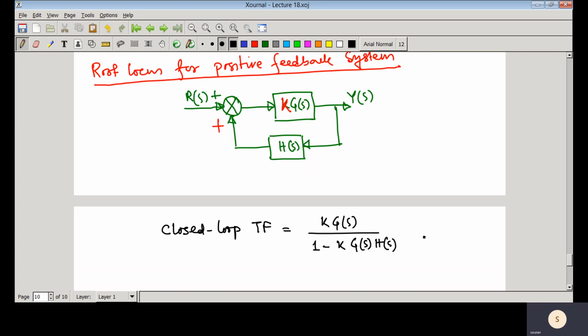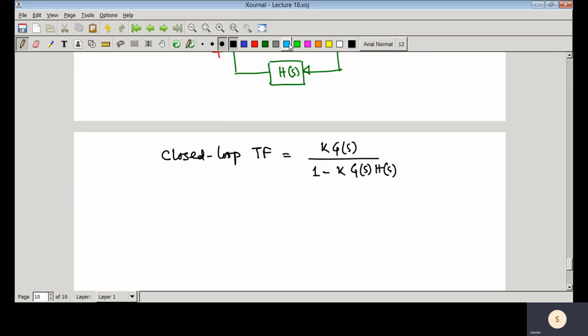So this is the characteristic equation in case of positive feedback, and poles of the closed loop system must satisfy again the angle condition and the gain condition.